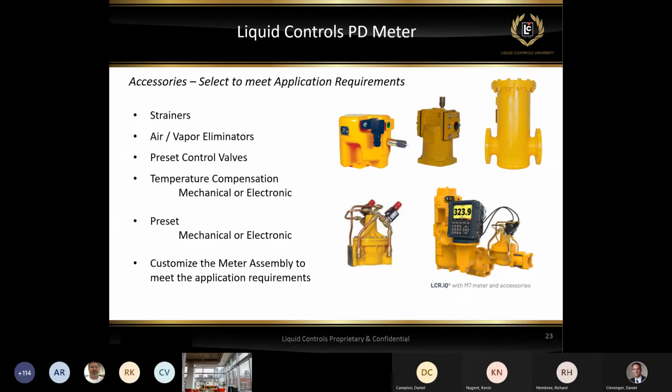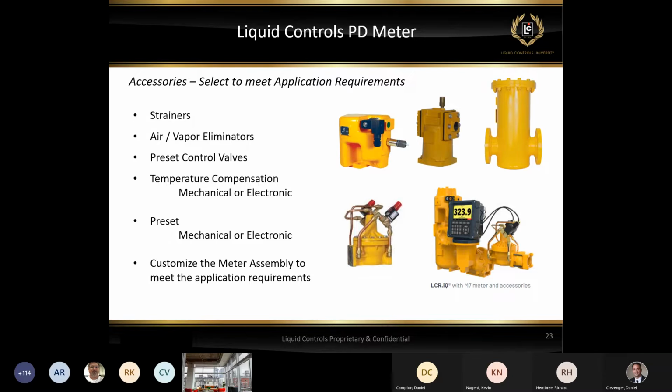And so always be considerate of what the application is, whether you need to have an air eliminator or a vapor eliminator. We recommend that all the meters that we supply have a strainer to protect the meter. The tolerances between the moving parts are such that it's 0.02 of an inch nominal clearance in the moving parts.